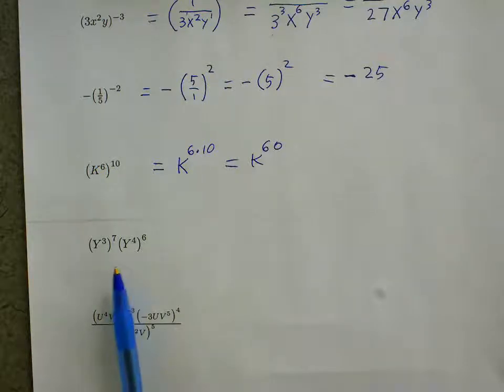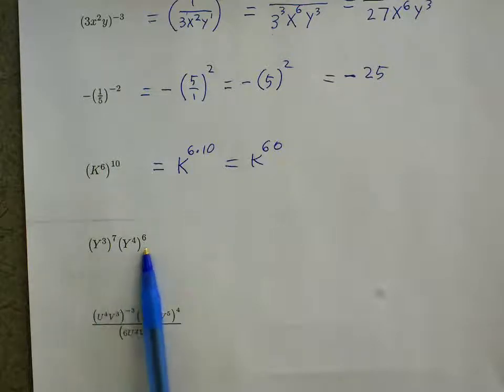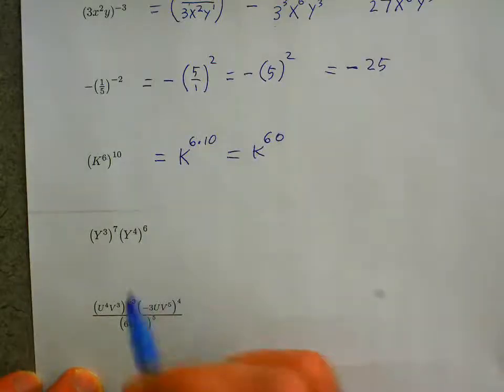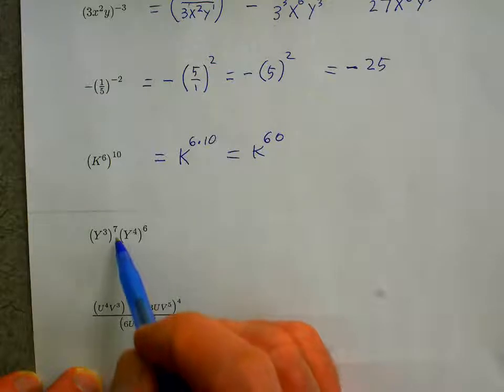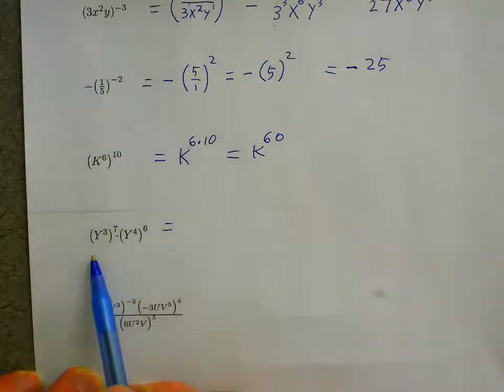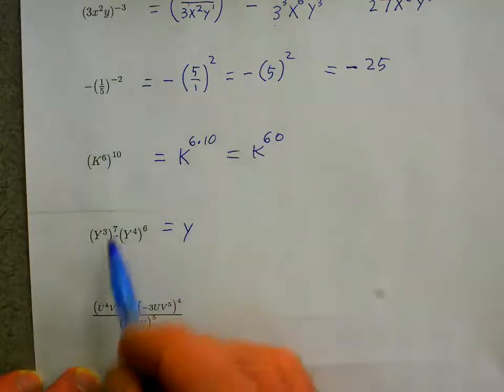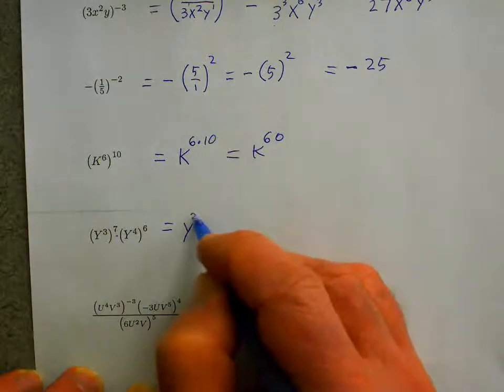Okay, the next one, y to the third to the 7th times y to the 4th to the 6th. So we'll evaluate the exponents first, and then afterwards multiply the results. So y to the third to the 7th is y to the 7 times 3, or y to the 21st.